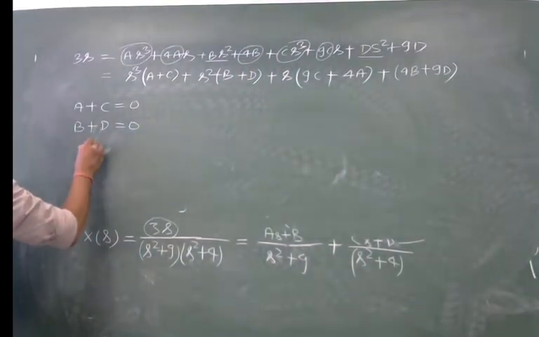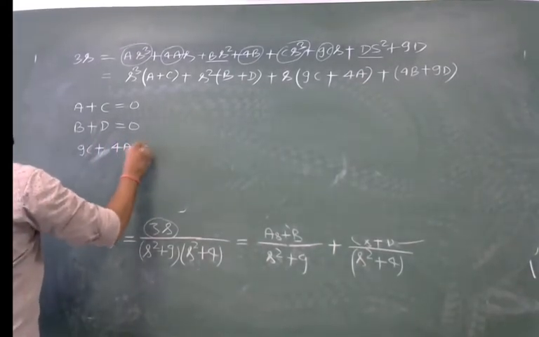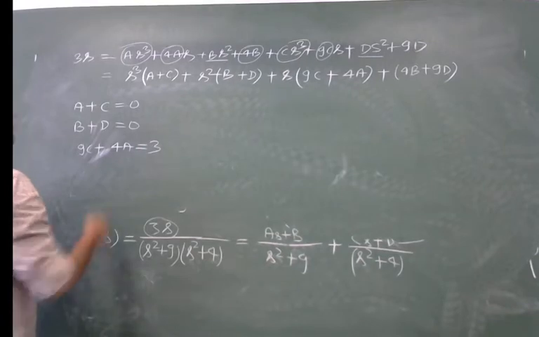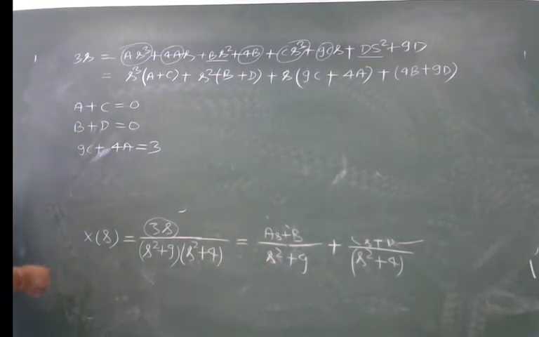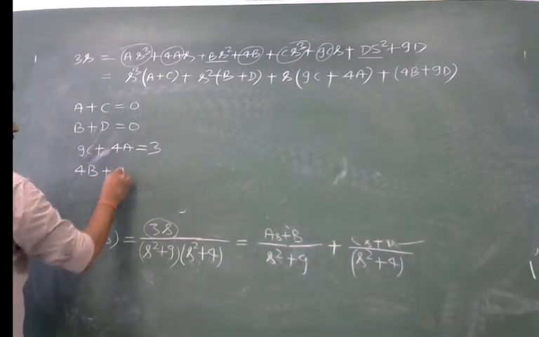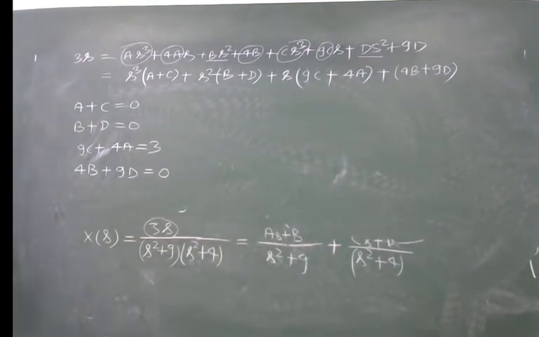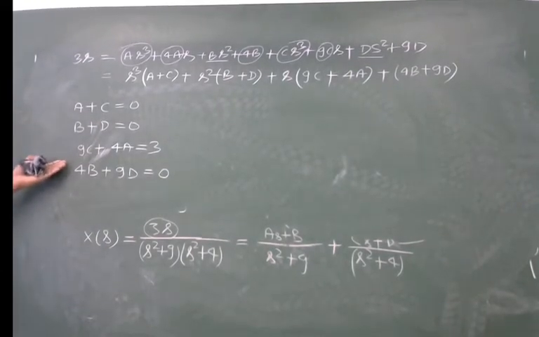It means that 9c plus 4a will be equal to 3, and the constant term is also not there on the left side, so 4b plus 9d will also be equal to 0. By using these relations, we have to get the values of a, b, c and d.